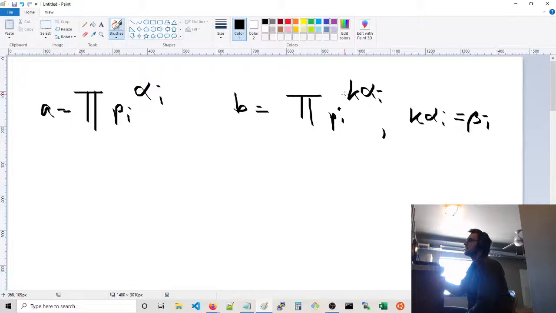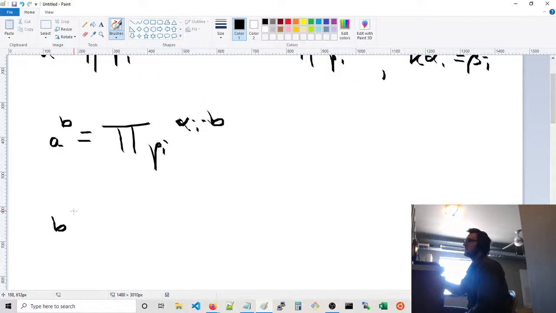Something like this, right? And then when you do a raised to the b, it's going to be the product of p sub i raised to alpha i times b, so you're multiplying by b at each instance. And then b raised to the a is p sub i to the beta i times a.